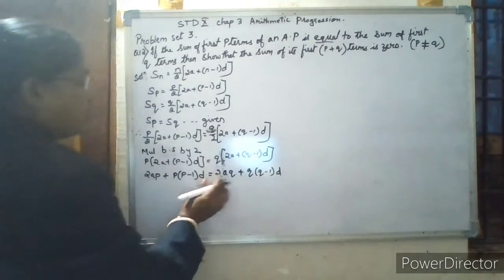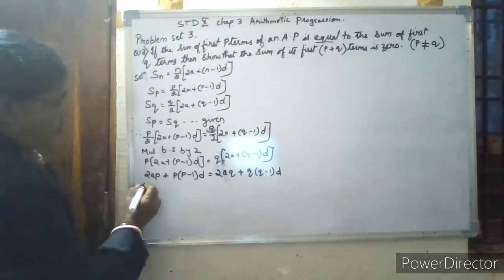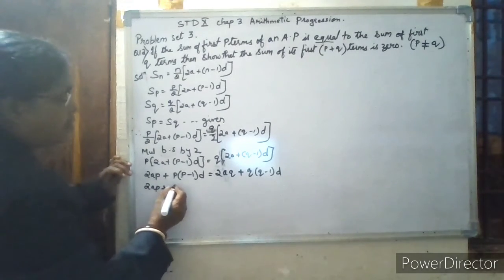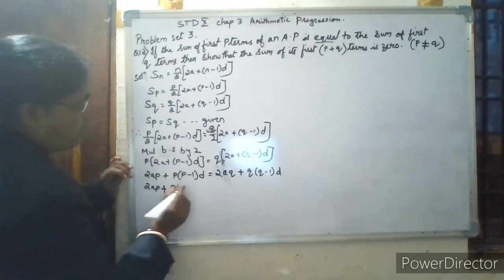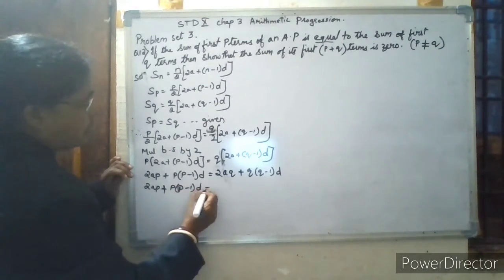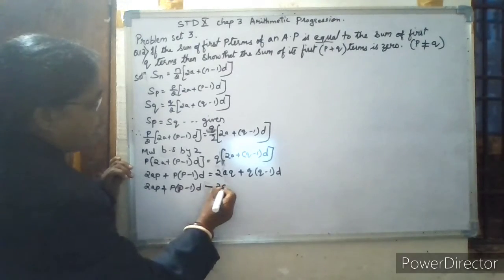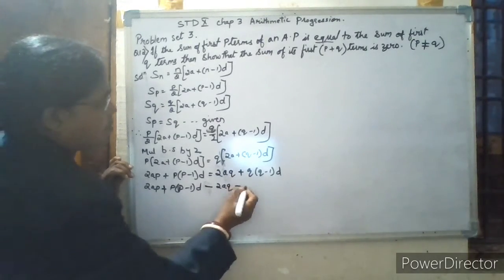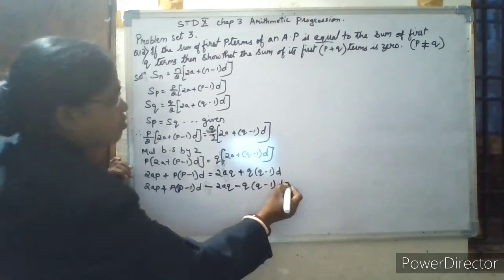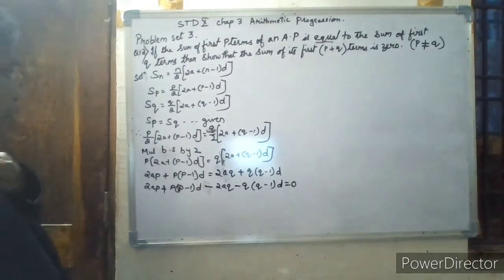Now, we will bring all the terms to this side. So it is 2ap plus p into p minus 1 into d, then minus 2aq and minus q into q minus 1 into d, equal to 0. Now we brought all the terms this side.